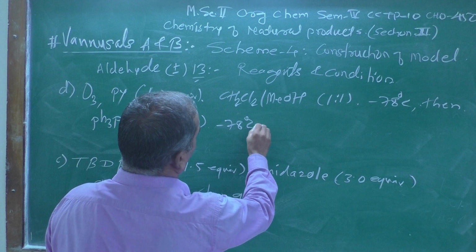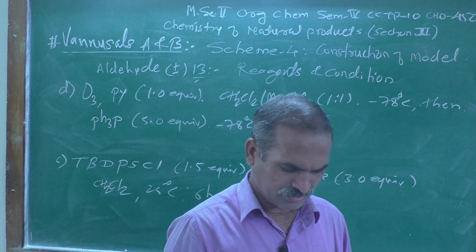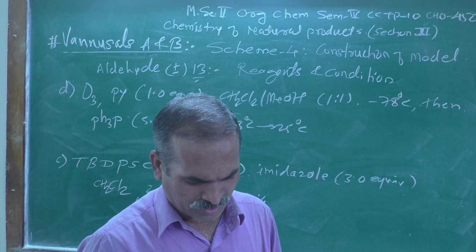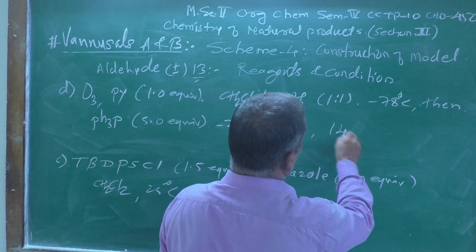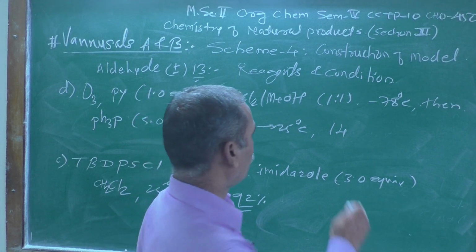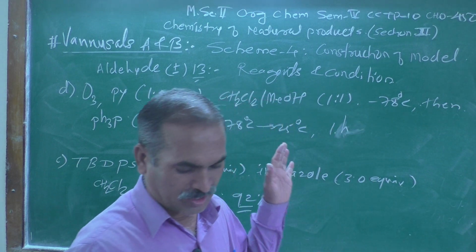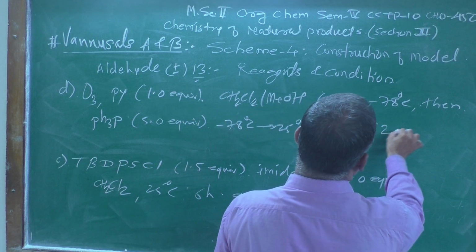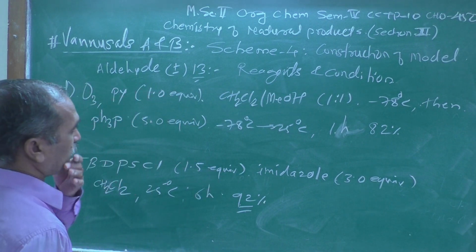After the complete addition, it changes to 25 degrees centigrade, that means room temperature, and the compound number 14 which we have obtained. This reaction is stirred for 1 hour and it is again a high yielding product, 82% product we have obtained over here.